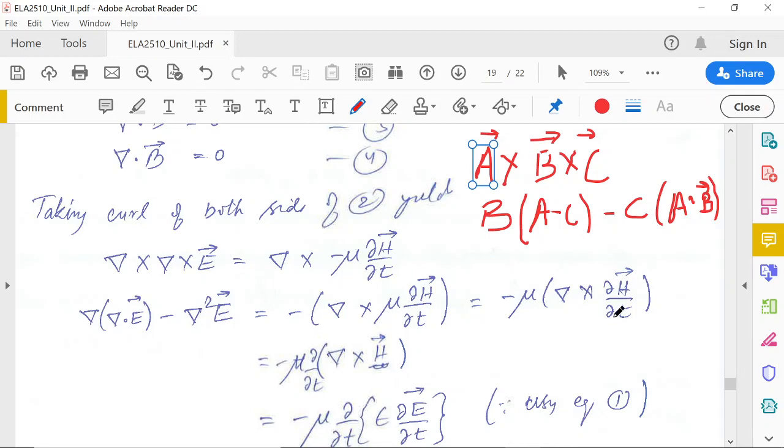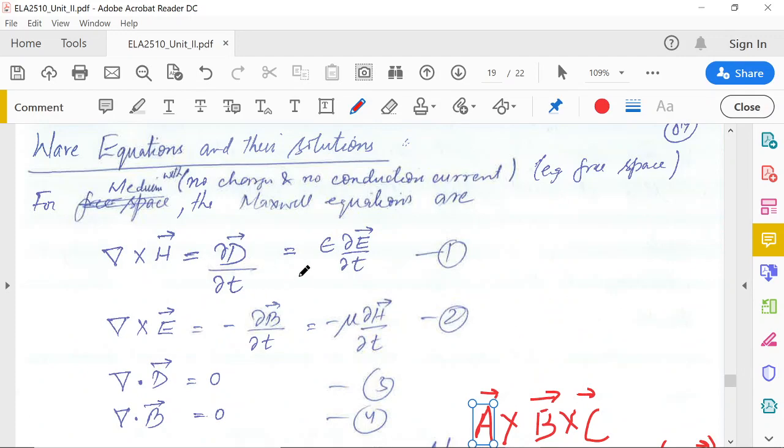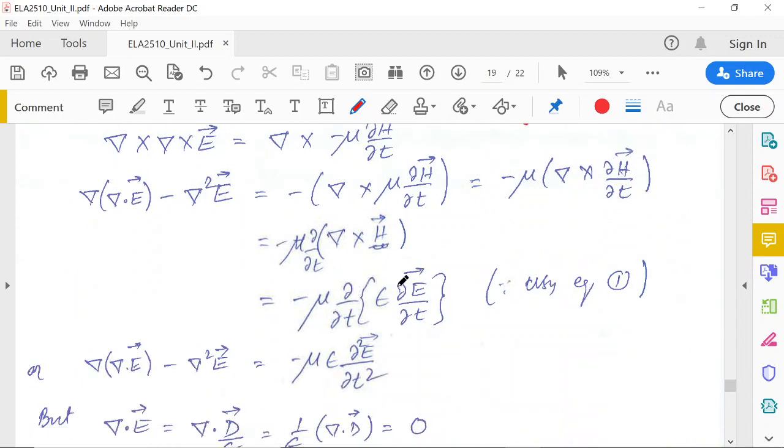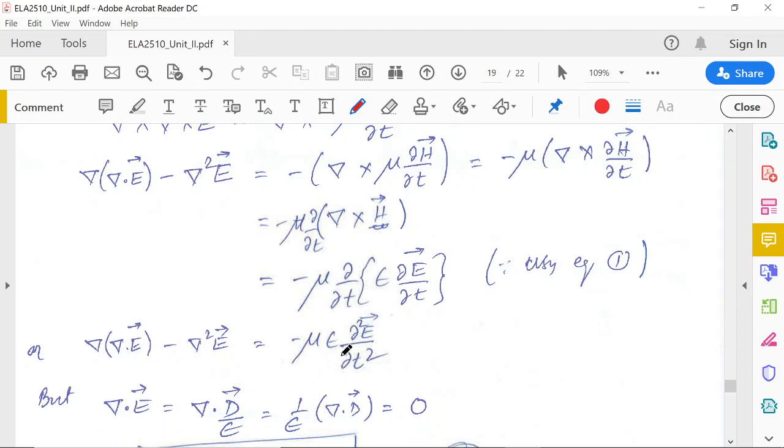So here this will be del cross H. Now again replacing del cross H from this Maxwell's equation, which equals epsilon del E by del T, you have epsilon del E over del T. And then when you open it, you will get minus mu epsilon del square E over del T square.